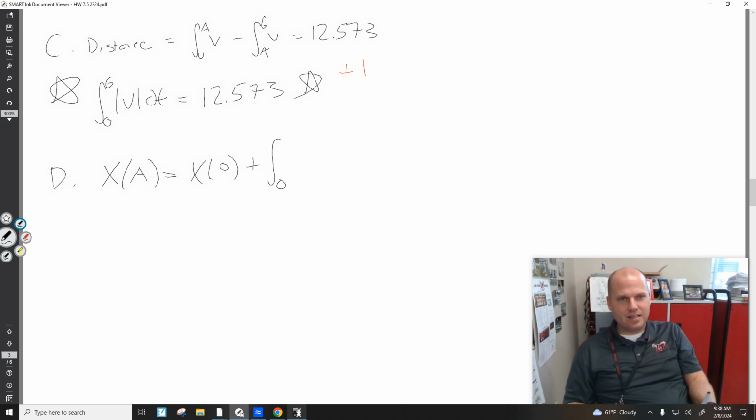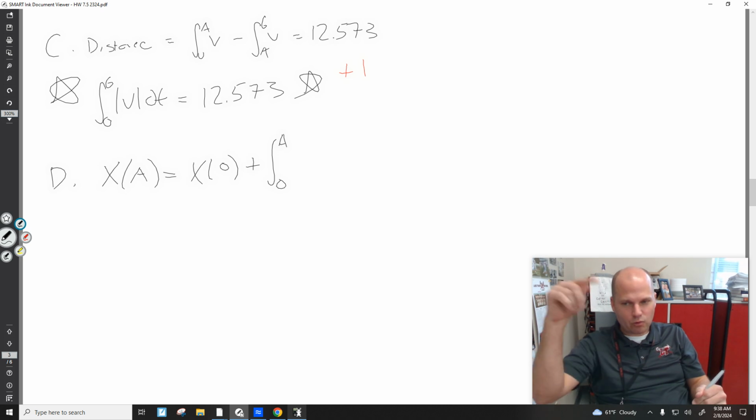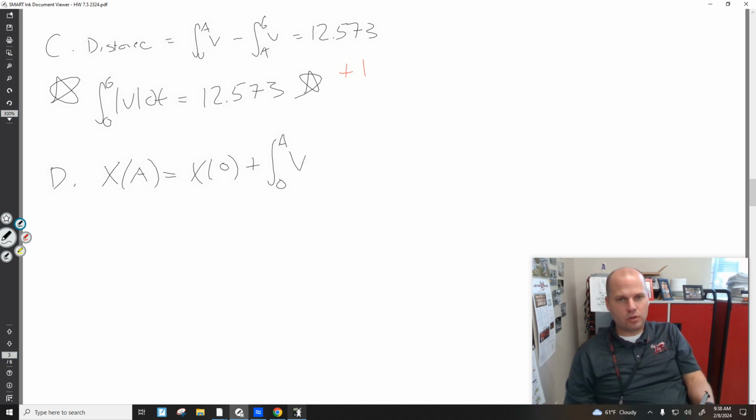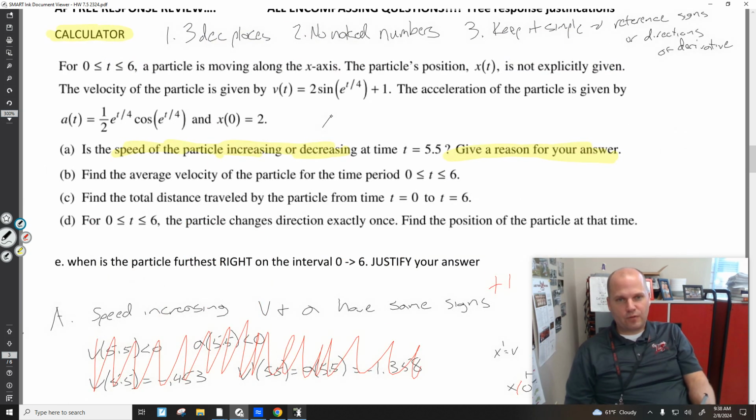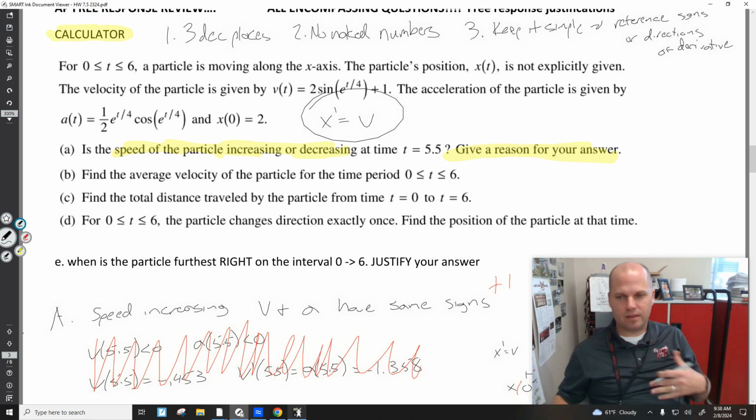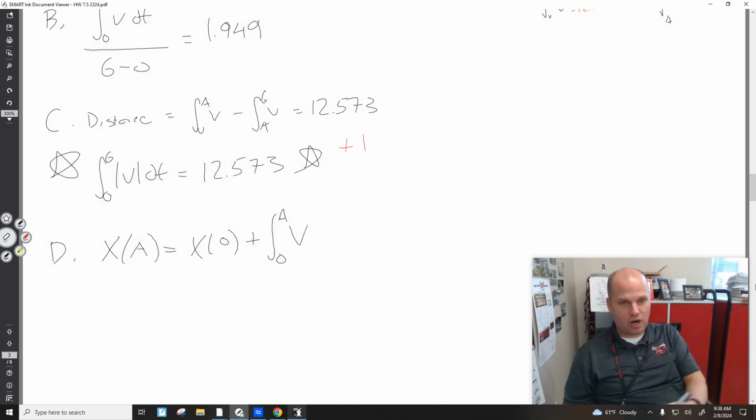I added my accumulation from 0 to A. Don't say y1 unless you write down what y1 is equal to. Say v or x prime. You can list off x prime equals v somewhere, though it's kind of assumed that they're the same. If you want to do x prime here, I'm giving you full credit for sure. And then you write down your answer.